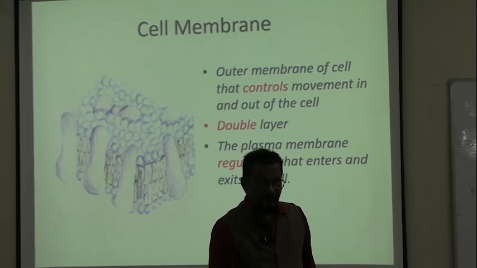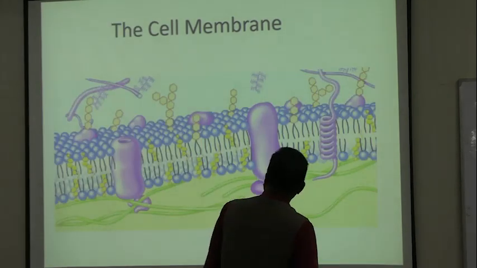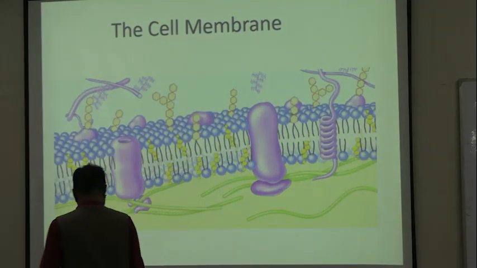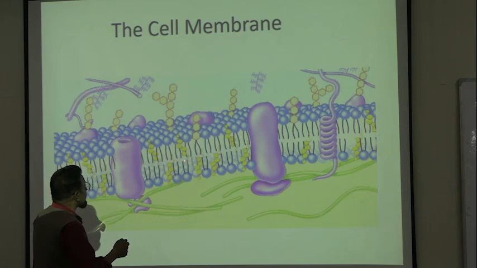Let us understand the structure of this bilayer. See, this is the lipid bilayer. These are phospholipids. This is one layer and this is another layer.